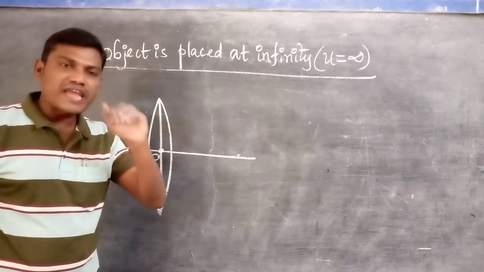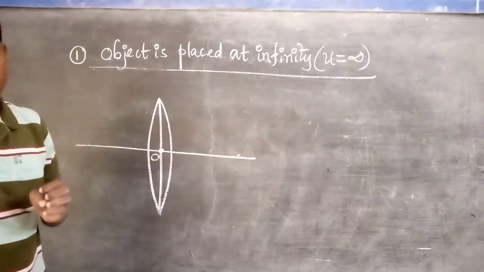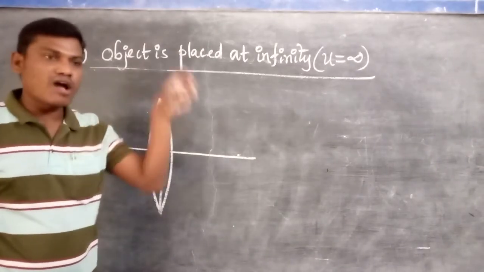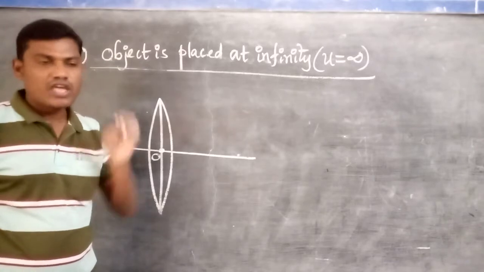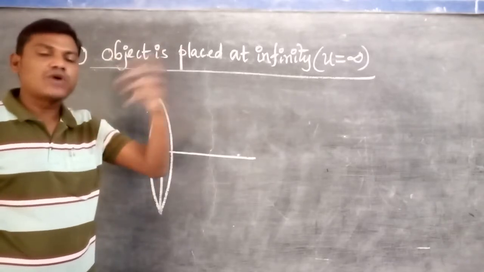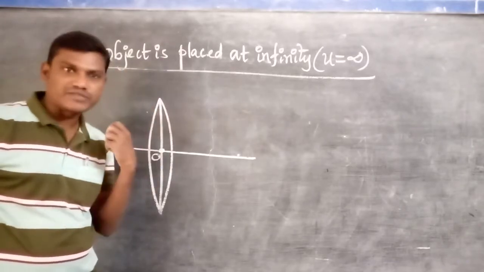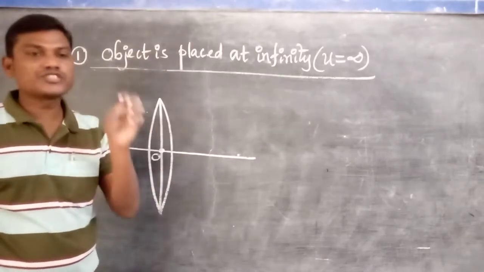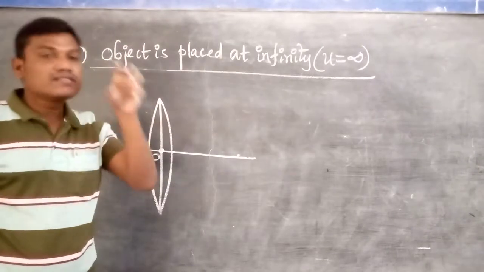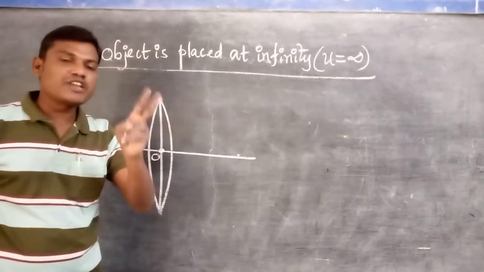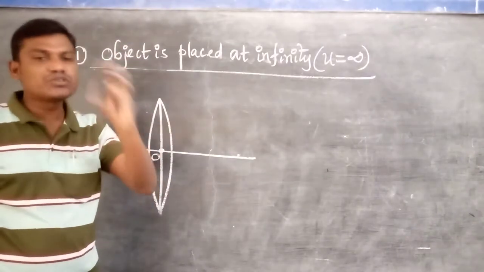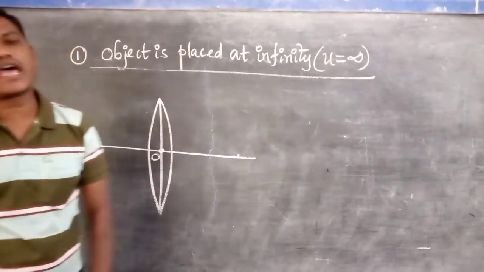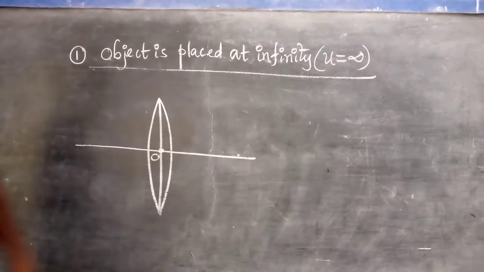Why only two rays? In order to locate the position of the image. If we consider more than two rays coming from the object, it is very difficult to show and to understand. So we take a minimum of 2 rays, which makes it easy to understand and draw the diagram, mainly for locating purposes.